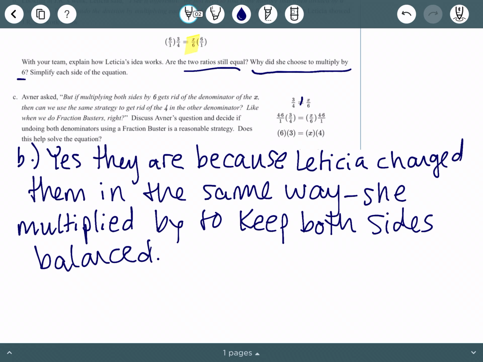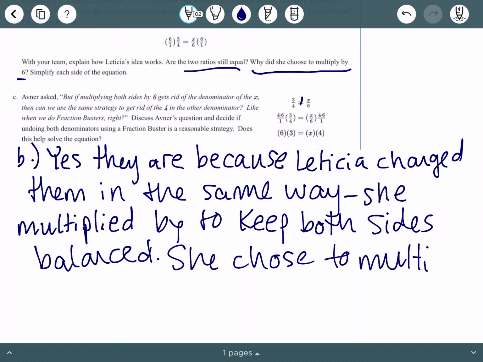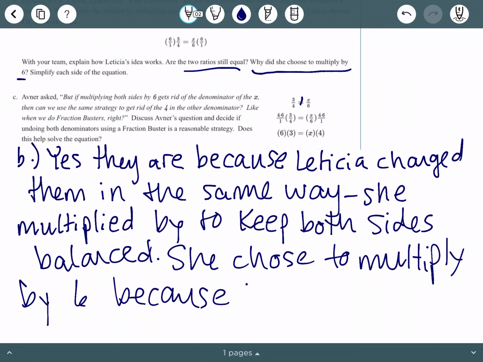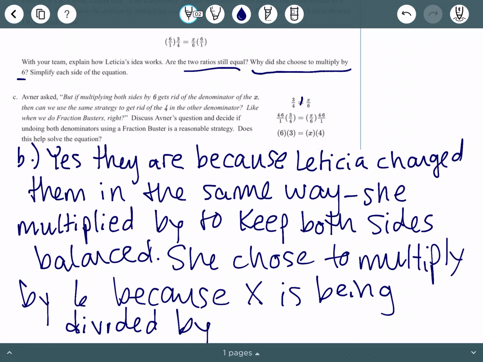So she's undoing that division by multiplying.